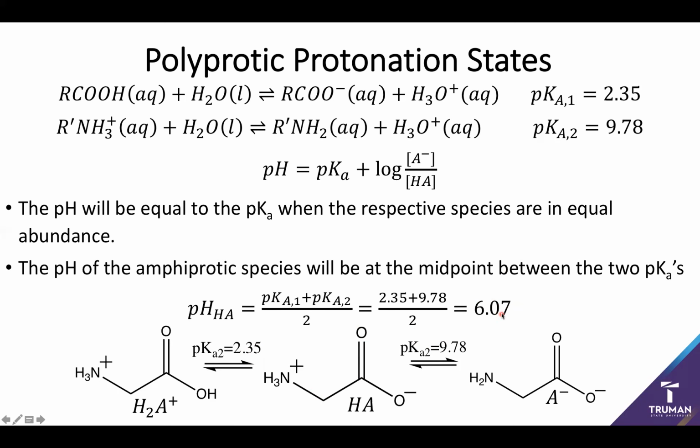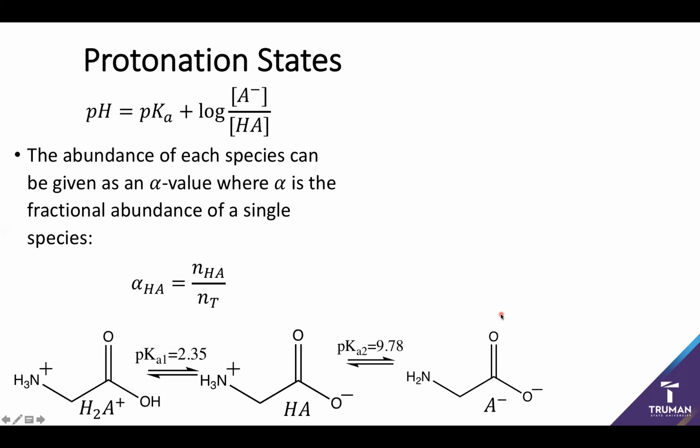Now, one of the other useful things to do is to try and figure out the exact relative abundance of each of these individual species compared to how much total glycine is present in the system. And you can get this using what's called the alpha value, which really is just a fractional abundance.